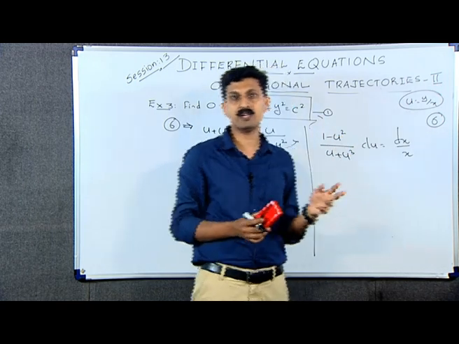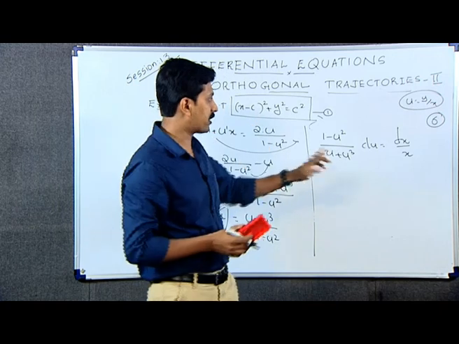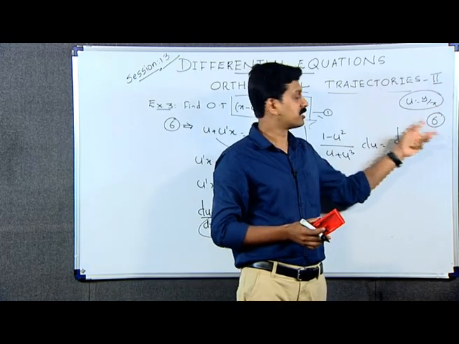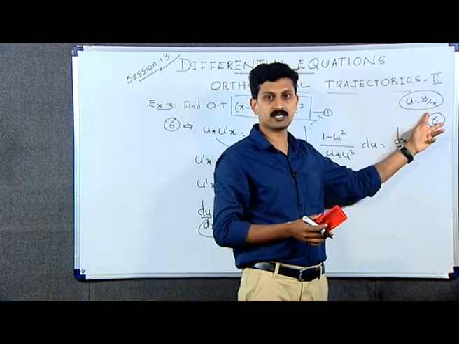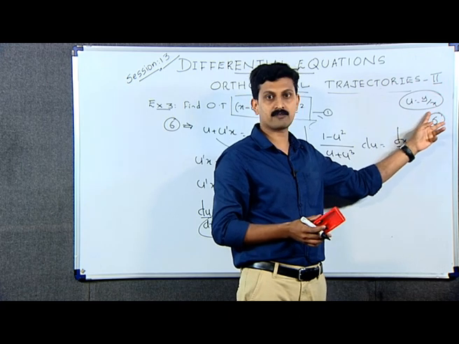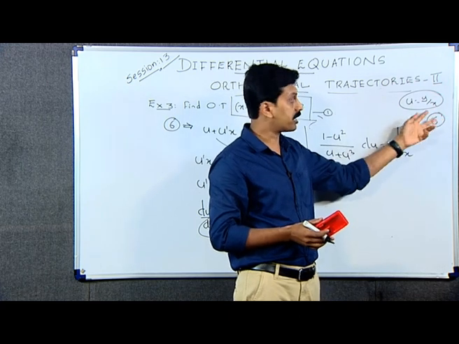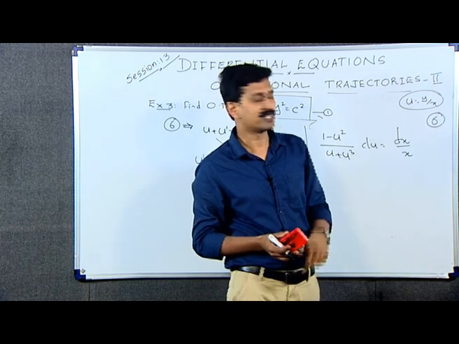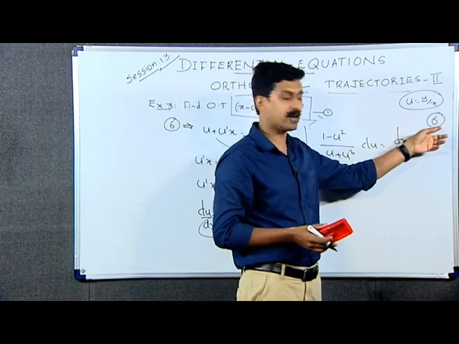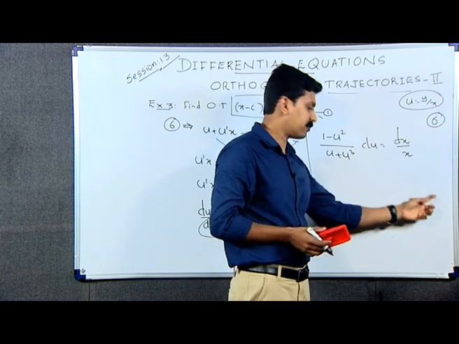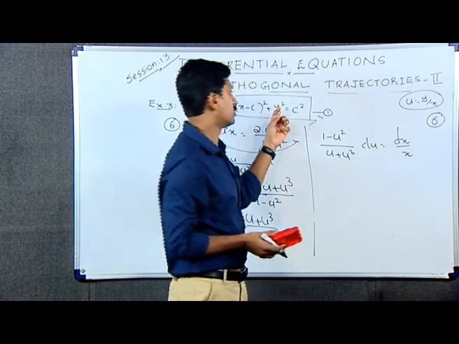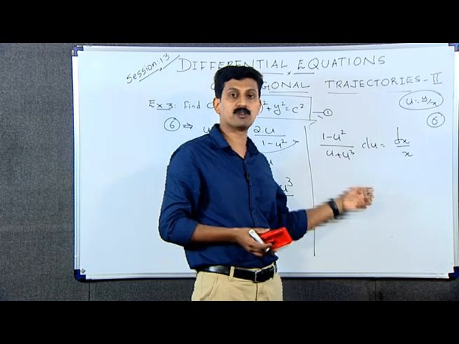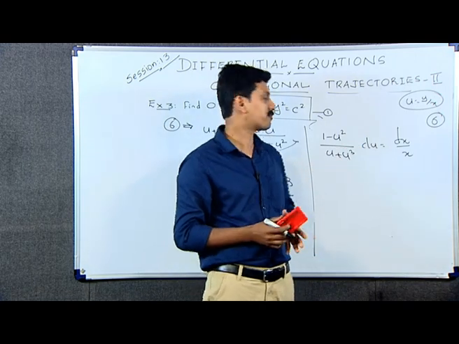So, we will have a solution of differential equation 6. The 6 is generated from 1 by replacing y dash as minus 1 by y dash. That is why we will have a new family of curves that are orthogonal to 1. So, the solution of this will be orthogonal trajectories of 1.